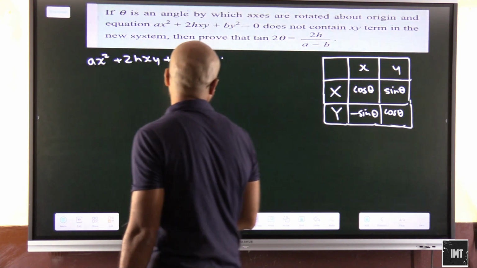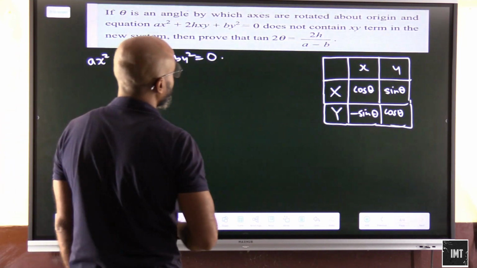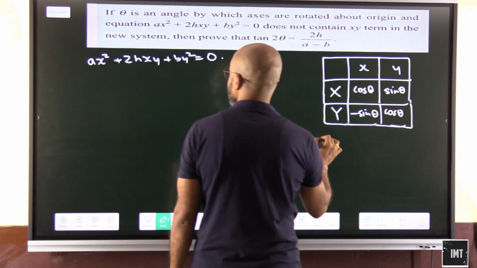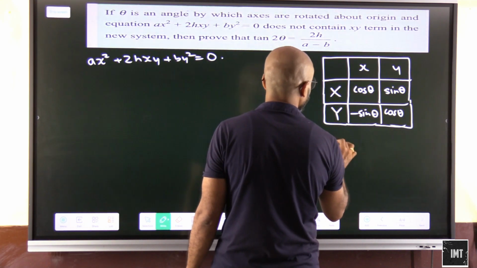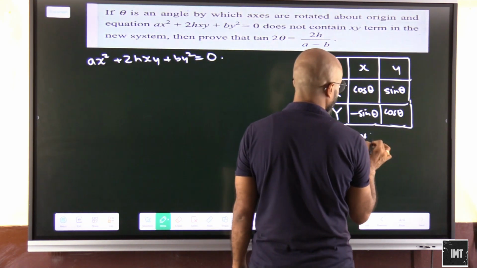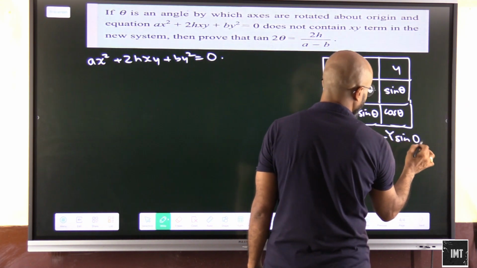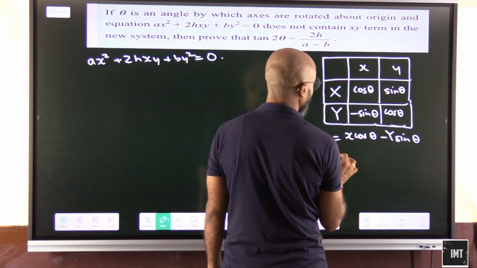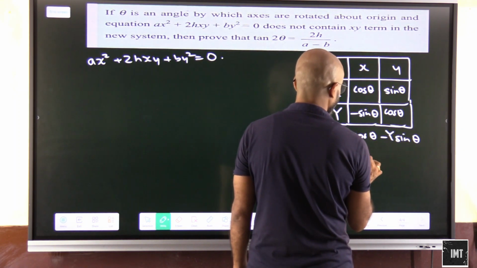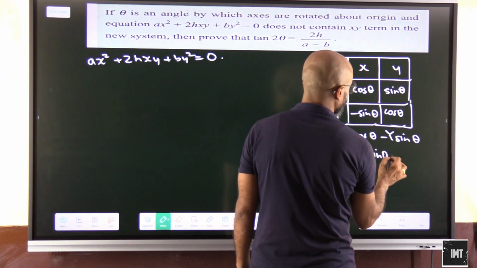So the old x is equal to X cos theta minus Y sin theta, and y will be equal to minus X sin theta plus Y cos theta.